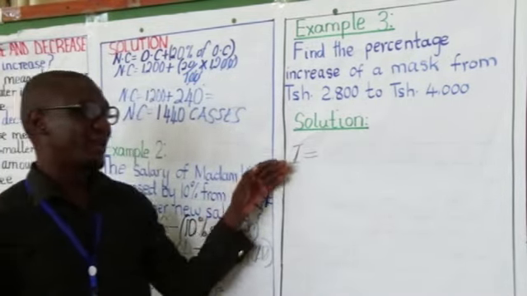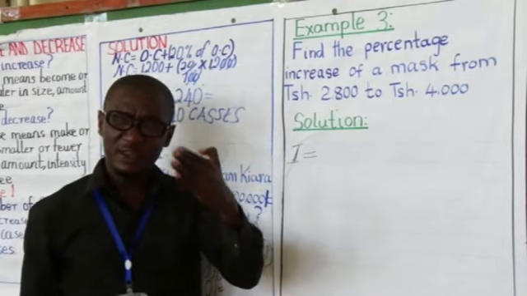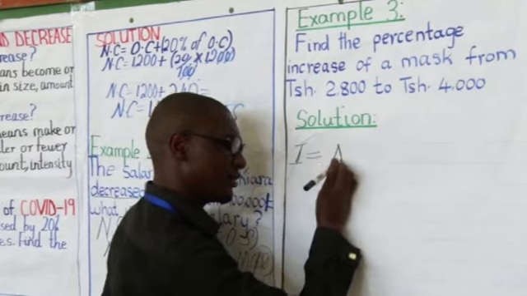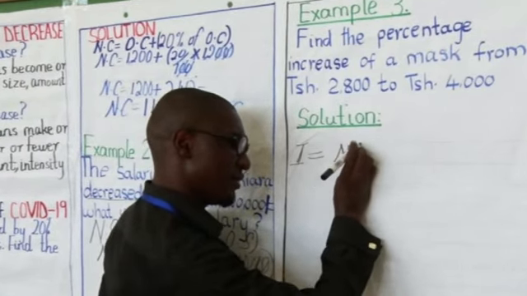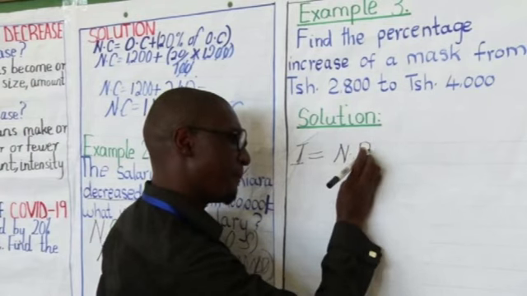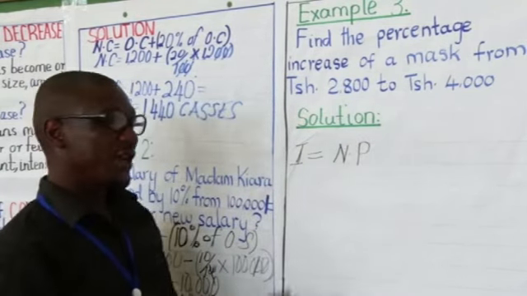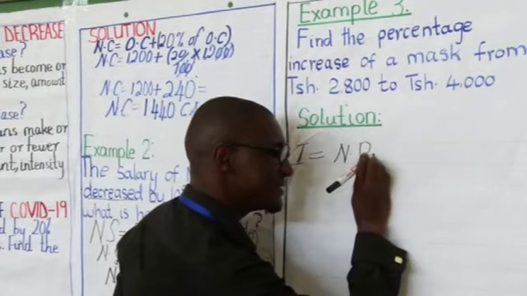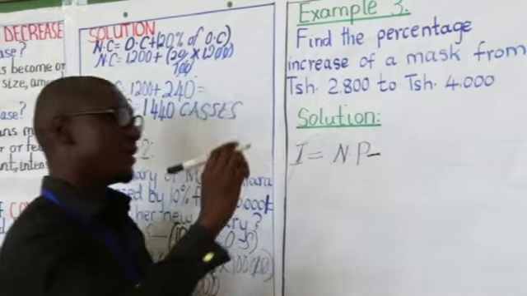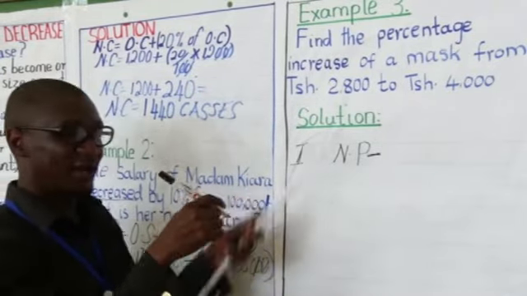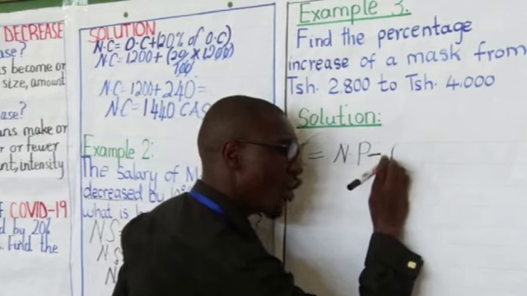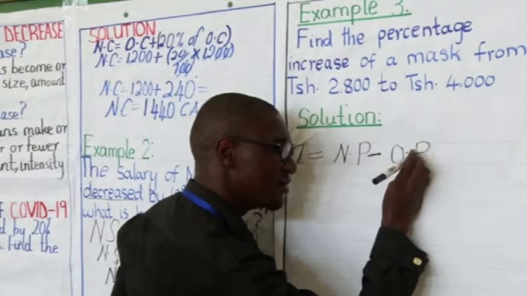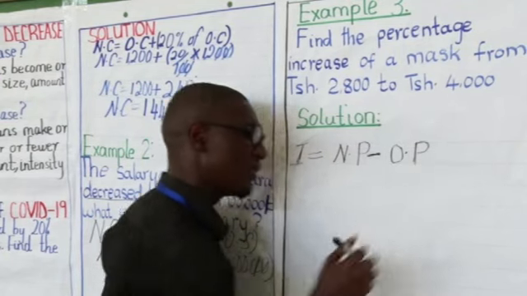We take the new price of the mask, which is 4,000 shillings, and we subtract the old price.